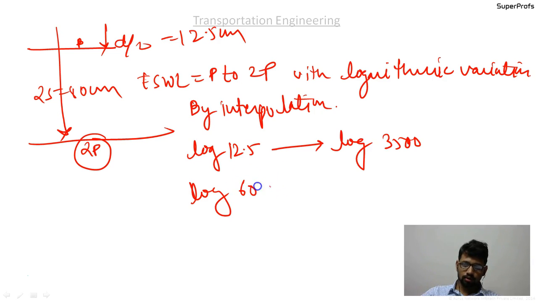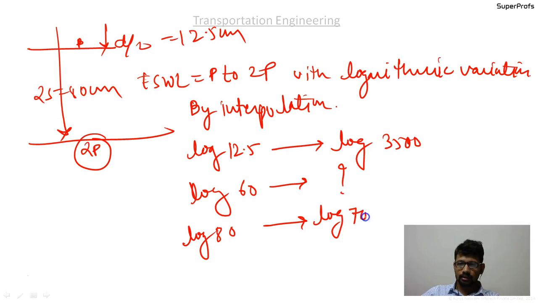So log 60 value will be what, and log 80 is known to us that it is log of 7000. So we will just write it as log 12.5 is 1.09. For this it is 3.04.